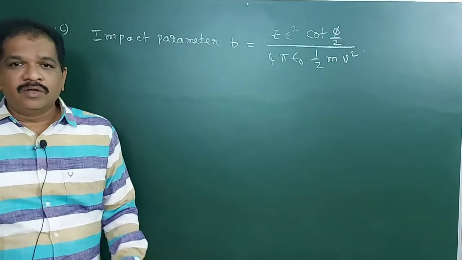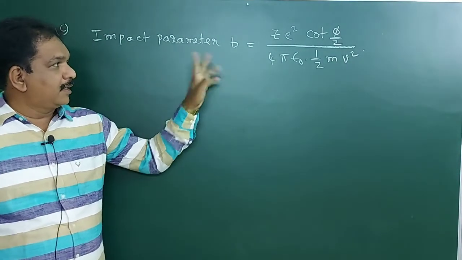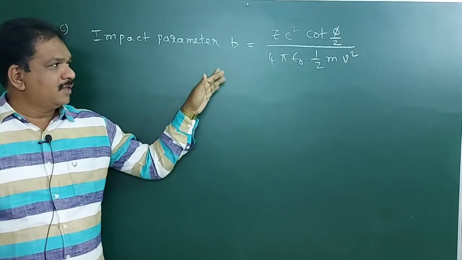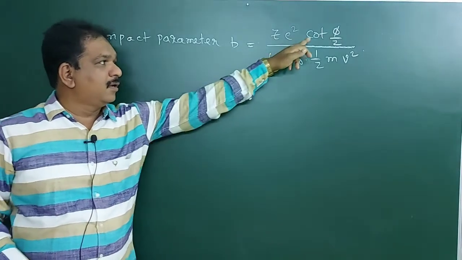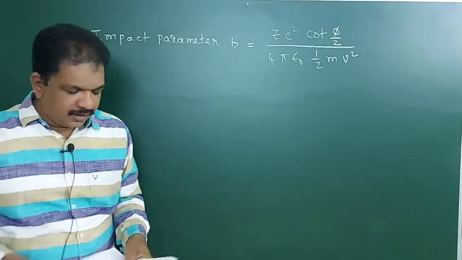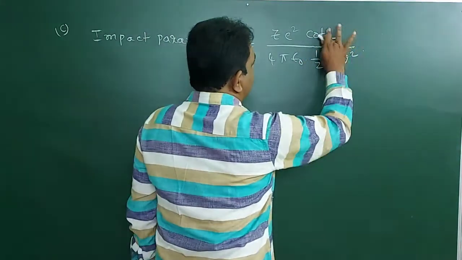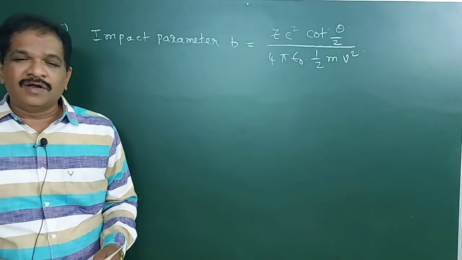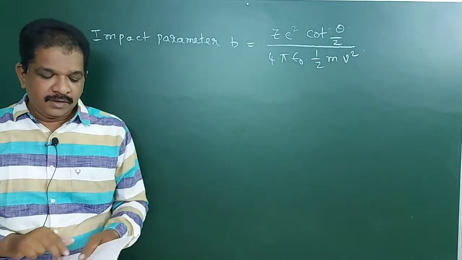This is the formula for impact parameter. Okay, so maybe there is a question on the relation between impact parameter b and theta. Like that questions will be there. Okay, one or two questions are there.